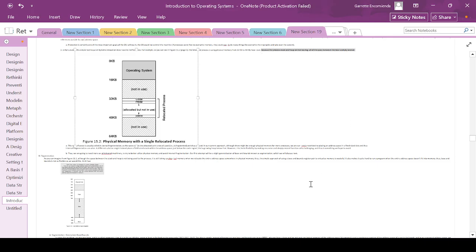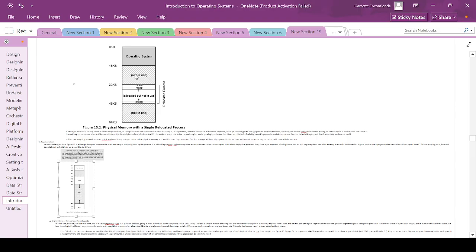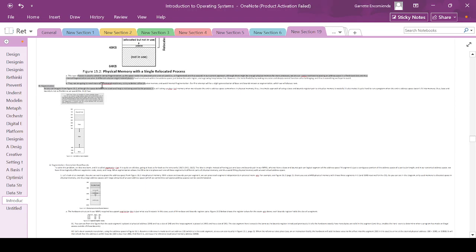However, because the process stack and heap are not too big, all of the space between the two is simply wasted: allocated but not used. This type of waste is usually called internal fragmentation, as the space inside the allocated unit is not all used.